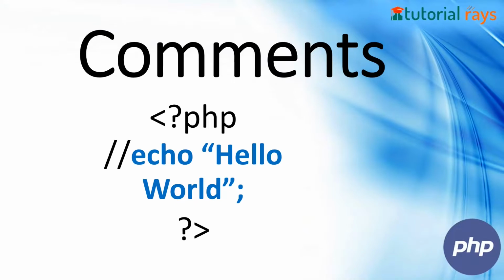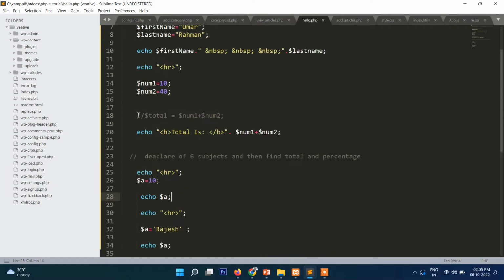So this is called a single line comment. I had already used this; you have seen in this program we used this single line comment. If you want to use a shortcut for this, then Control and forward slash.